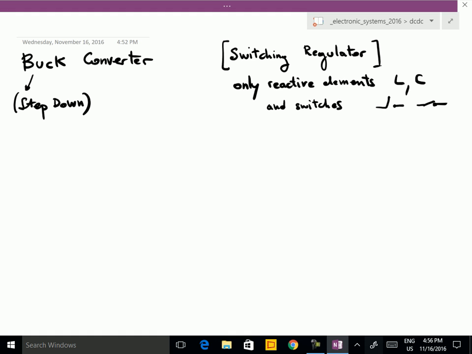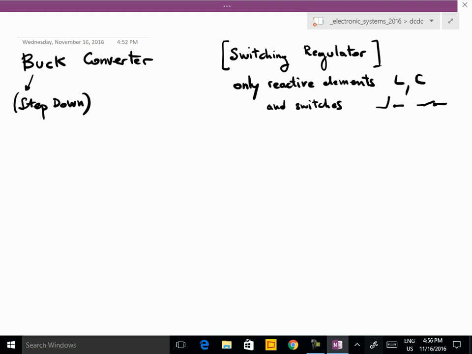But the advantage of this circuit is that in the ideal situation it can have a very high power conversion efficiency. So how does it work? How can you obtain a conversion with only these elements?